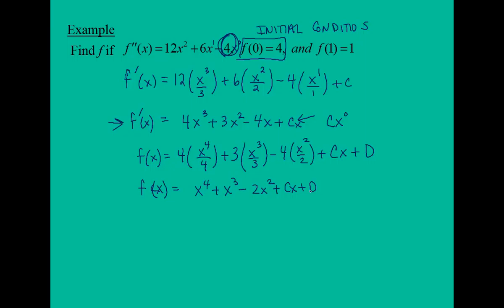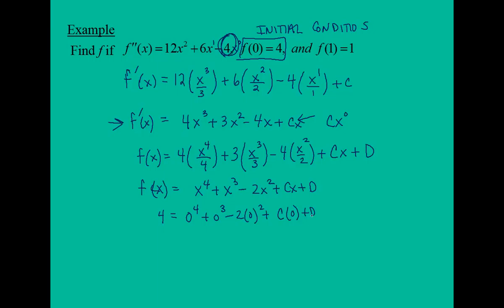Now let's use our initial condition. So y equals 4 when x equals 0. So we'd have 0 to the 4th plus 0 cubed minus 2 times 0 squared plus c times 0 plus d.